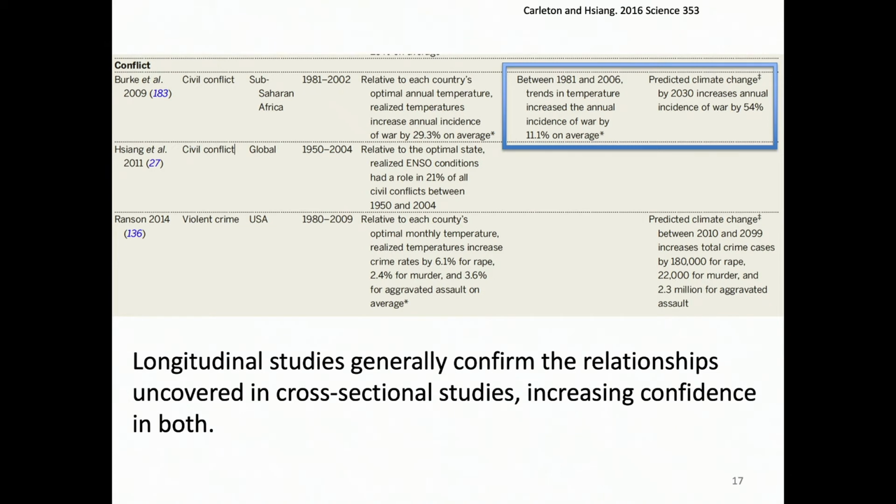And the prediction, which has held on track since this thing was published, is that by 2030, 9 years from today, the incidence of warfare in sub-Saharan Africa is going to be up 54%, okay? So that's a pretty serious problem. It means 1 in 3 wars in sub-Saharan Africa will be caused by the climate change by 2030.